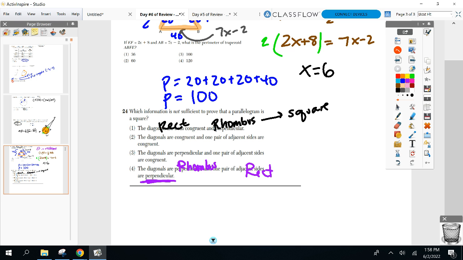So that's going to form a square. Where are diagonals perpendicular? Rhombus. Where do you have adjacent sides all congruent to each other? All sides next to each other are congruent. Well, we're trying to prove it's a square. Rhombus as well. So it's choice 3 up here.